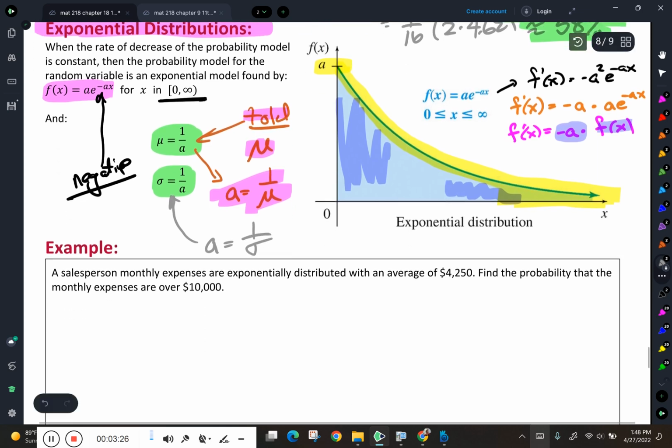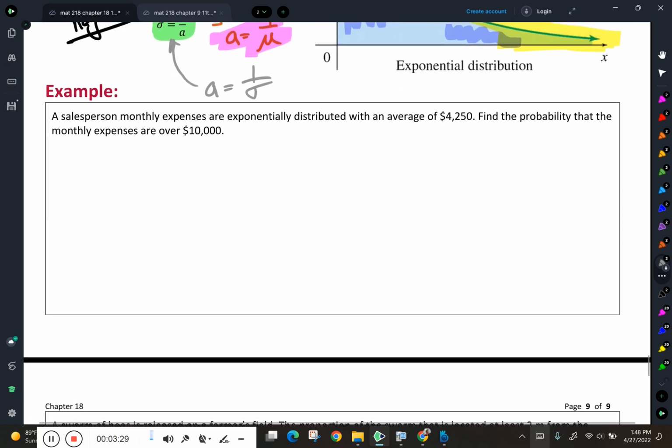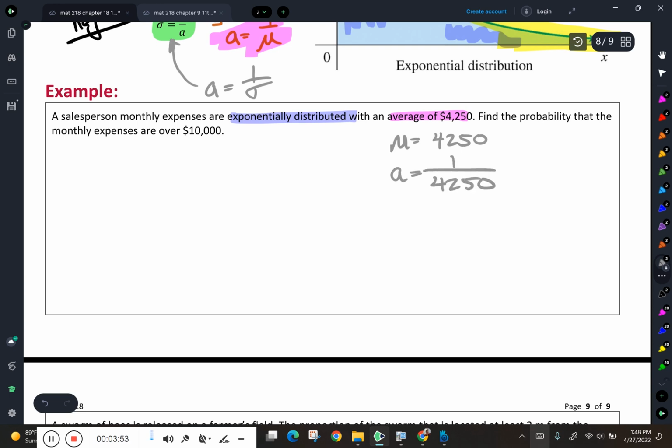All right, let's take a look at an example. A salesperson's monthly expenses are exponentially distributed. Ooh, I'm happy already. They're exponentially distributed with an average of 4,250. So that means that our mean is 4,250, and that means that a is just 1 divided by 4,250.